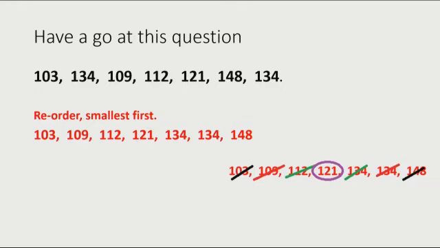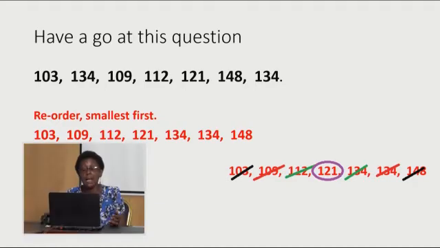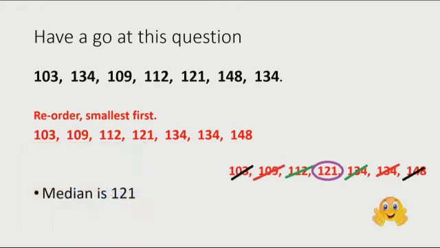Cross out 109, go to the next one at the end. And you keep working the two ends until you come to the middle value, which is 121. What does that mean? Well done. Then your median is 121. Excellent. Smiley face.